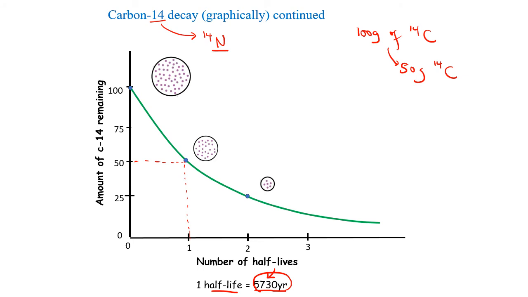So if the initial amount is 100, after one half-life, the amount is 50. After the second half-life, another 5,730 years, the amount will be 25, and so on.